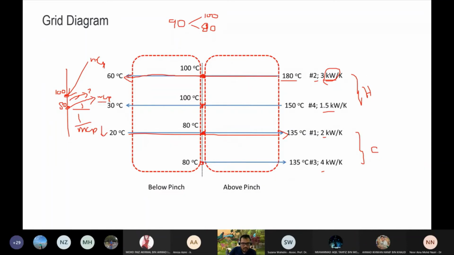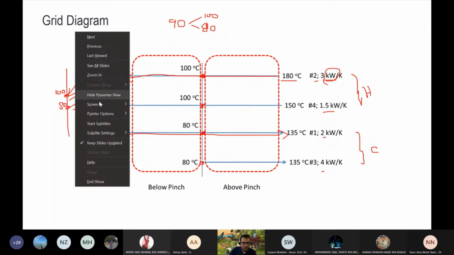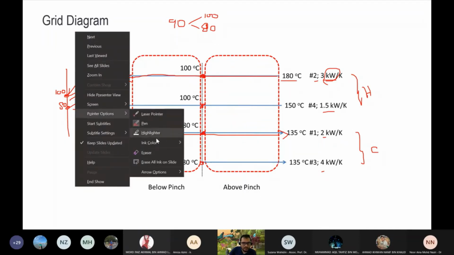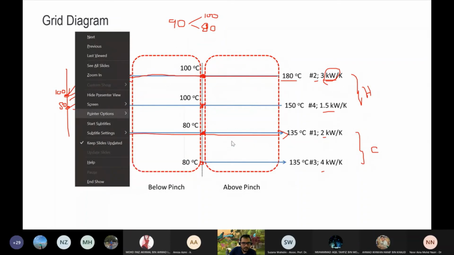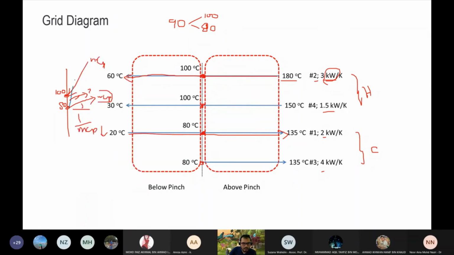If this guy is too small, the slope becomes so large that it can then cross this. This is what we call a temperature cross.